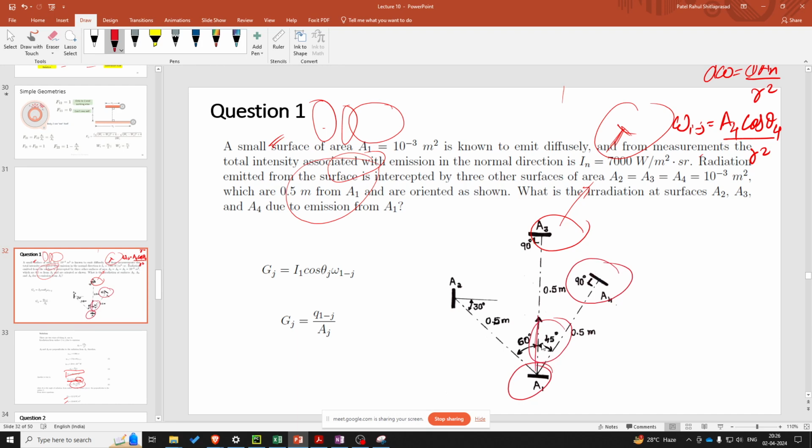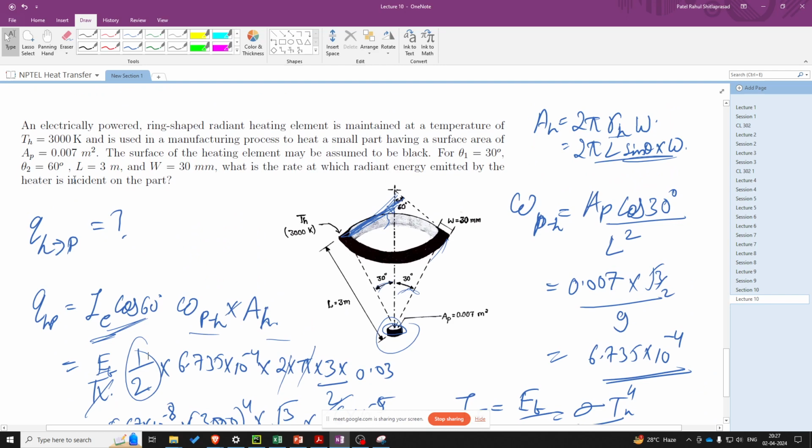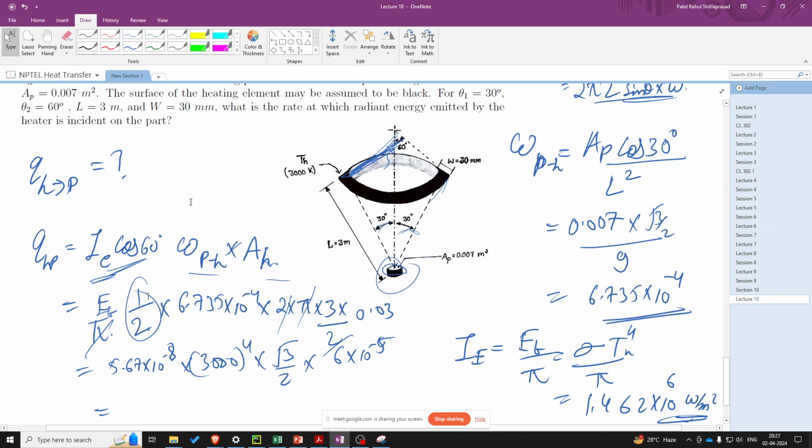That is why we have considered, I think, 45 in this question. So this is the object. Let me just check. This is the heater. This is the perpendicular angle. What will be theta? I think I need to check this angle. This is a bit more confusing.